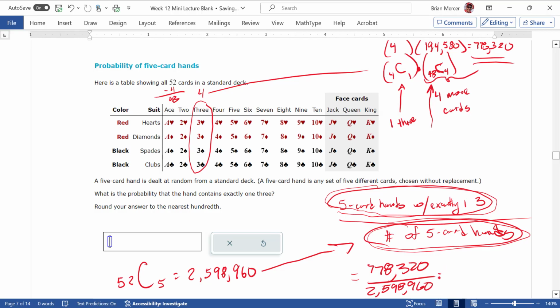And if you divide that on your calculator, you get 0.299. And it tells me to round to the nearest hundredth. That's 2 decimal places. So final answer is 0.30. So the probability that my hand contains exactly 1 3 is 0.30.